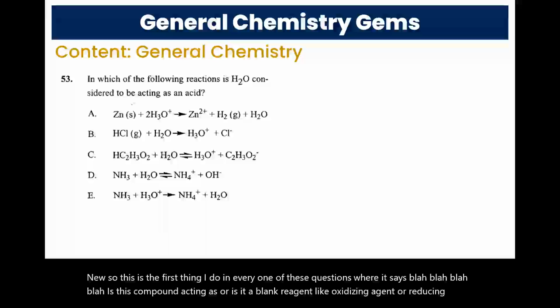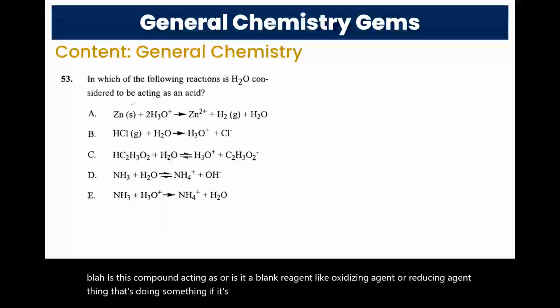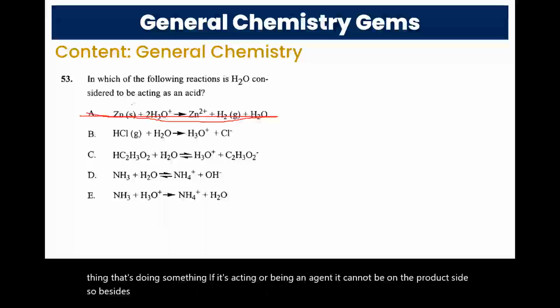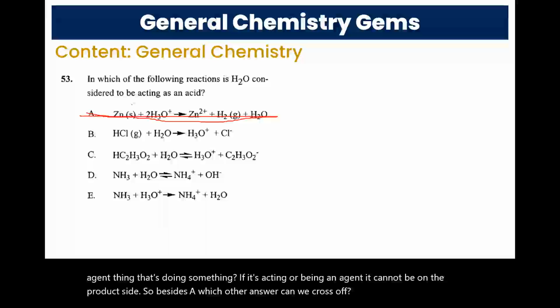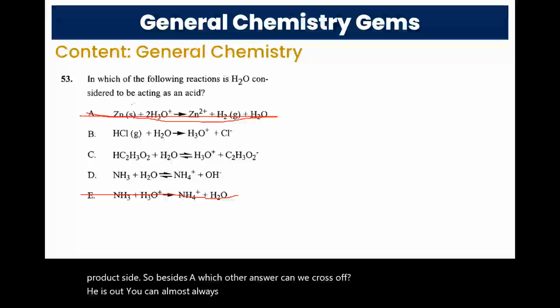The thing that's doing something, if it's acting or being an agent, it cannot be on the product side. So besides A, which other answer can we cross off? E is out. You can almost always cross out 2, sometimes 3 answers doing that.